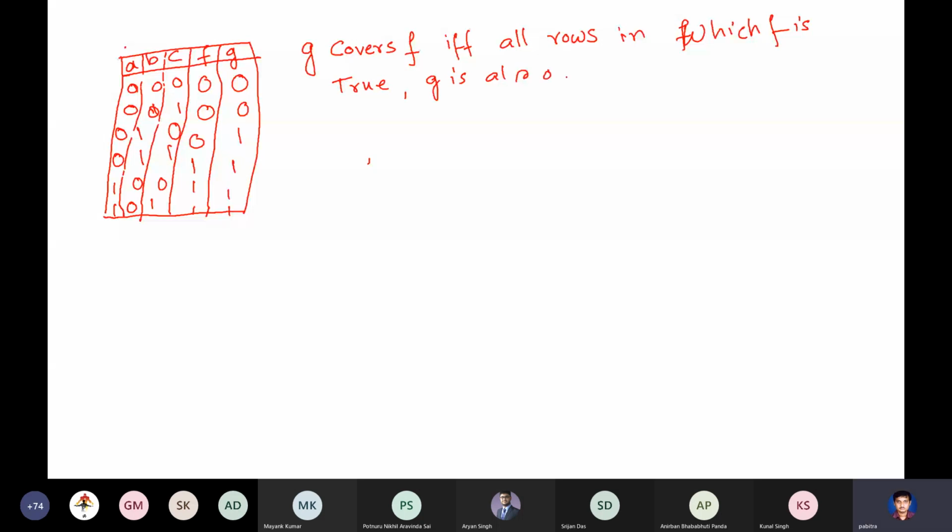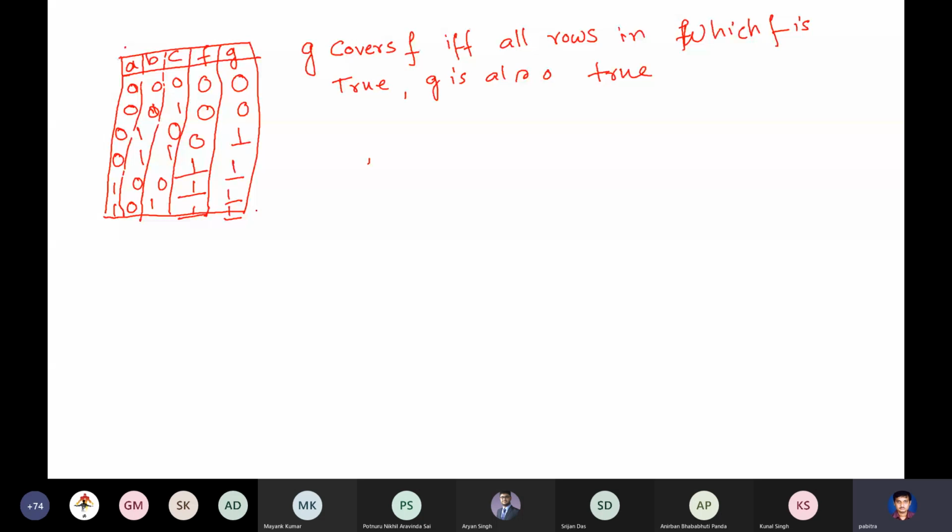Basically, if you pick up the one rows for f, they will be a subset of the one rows of G. For example, the OR operator covers the AND operator. So we say G covers F.